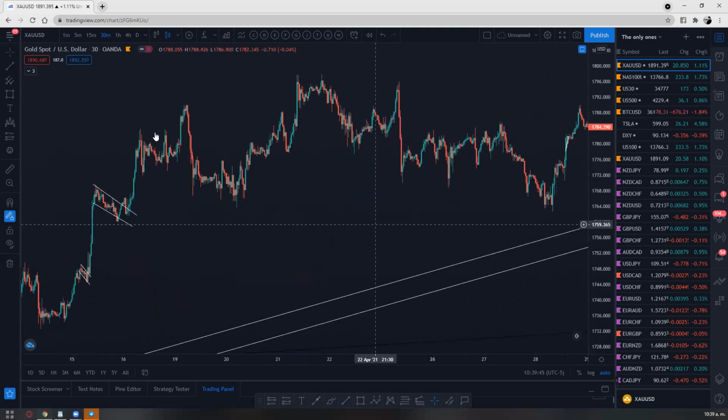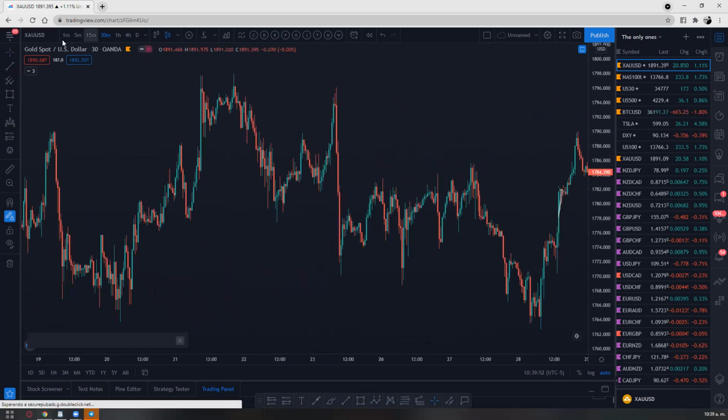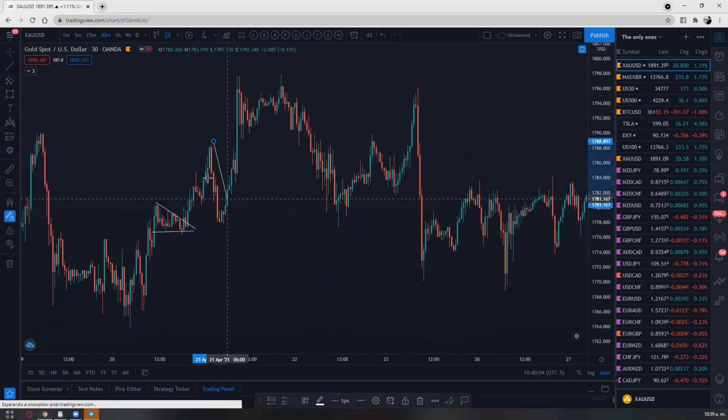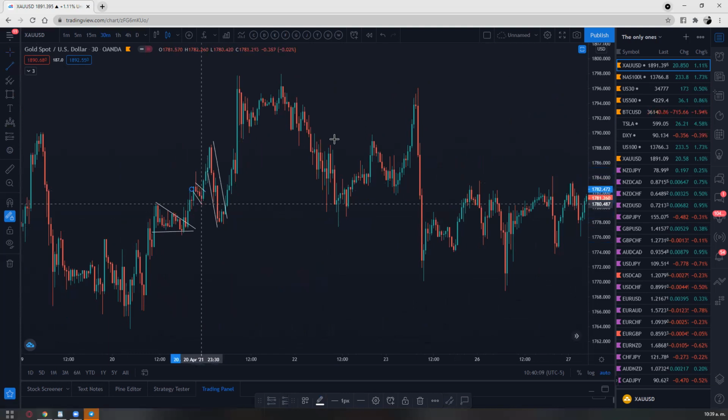I keep looking, there was some type of ugly consolidation here, but if you zoom in on a 15-minute or 5-minute, you actually will be seeing some patterns as well. Again, maybe some triangle pattern right here, right? And you got a flag pattern. You got another small flag pattern right here if you zoom in. So it's happening all the time.